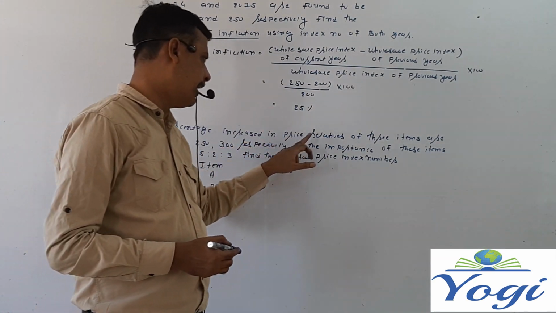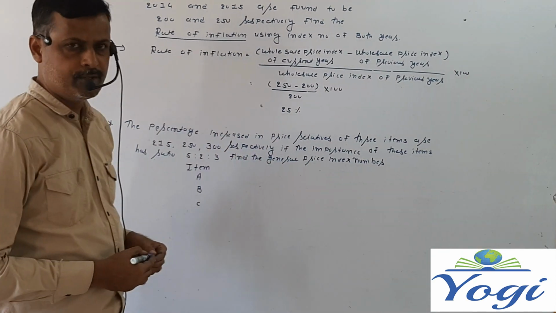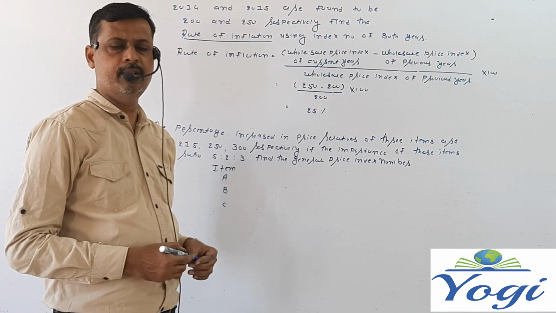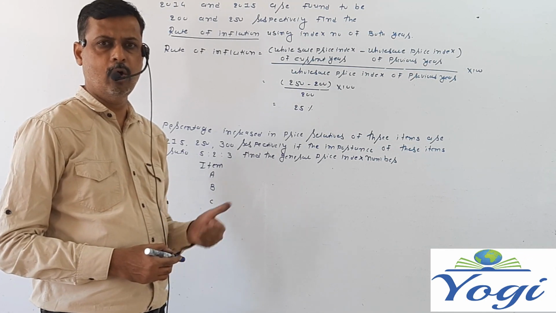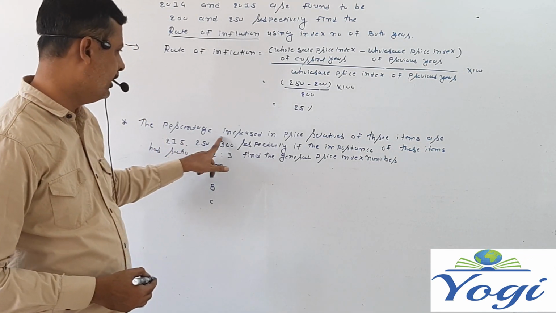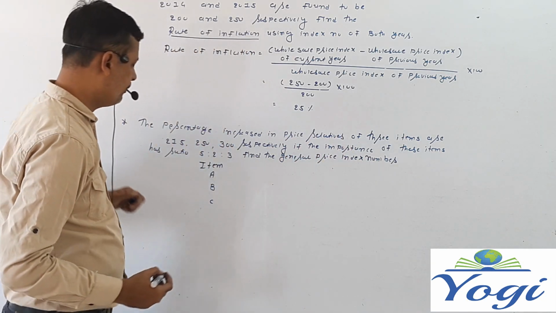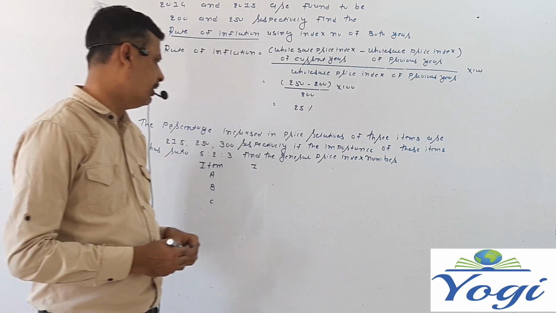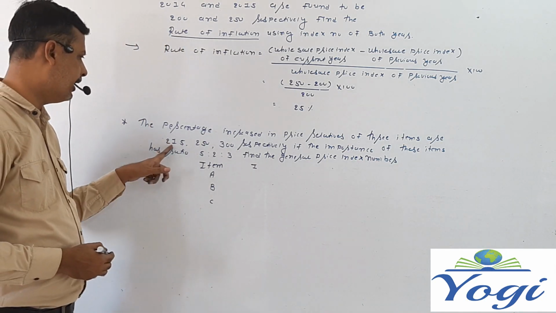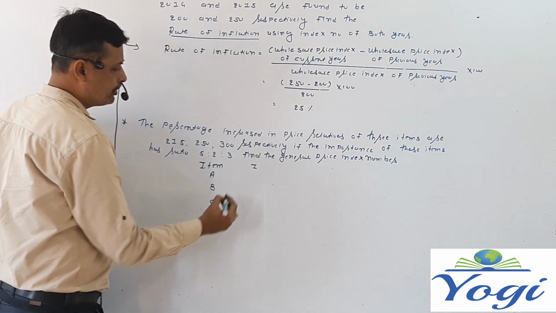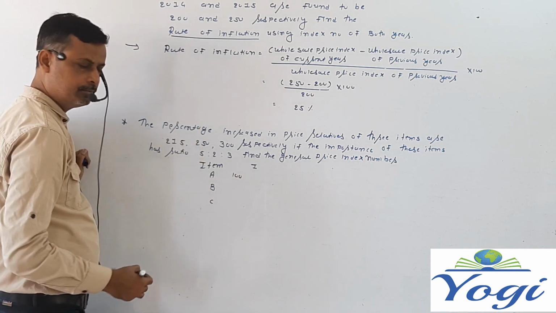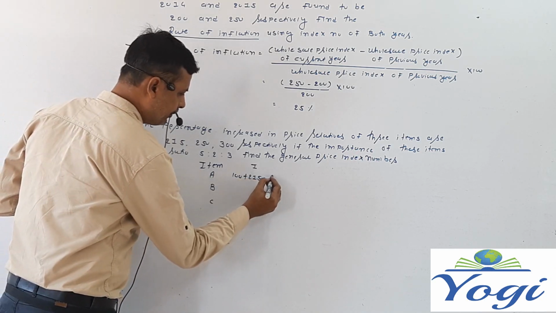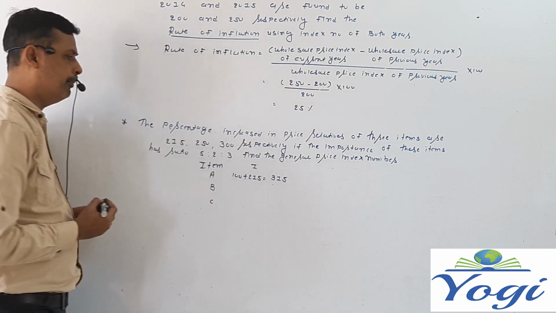Percentage increase in price relatives. As we all know, percentage is always calculated on 100. So the percentage increase in three items are 215, 250 and 300. Base year index is 100 and 215% increase, so it becomes 315.